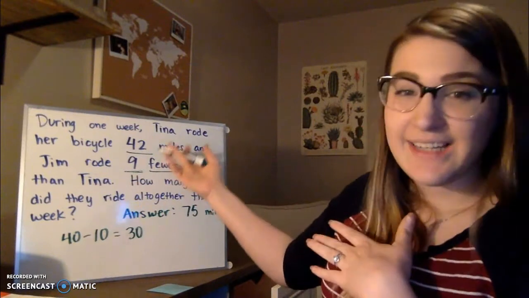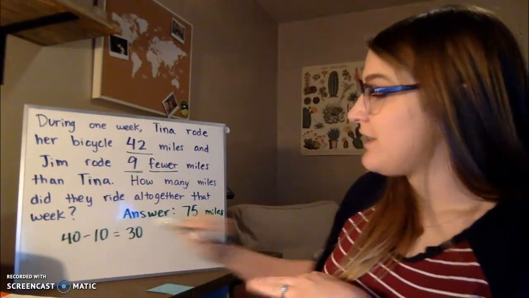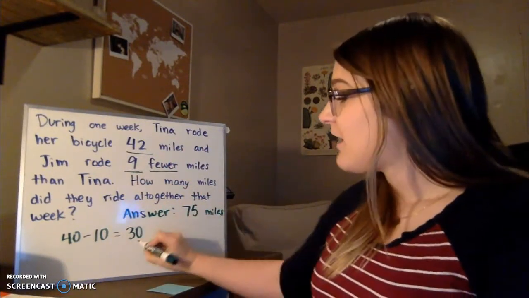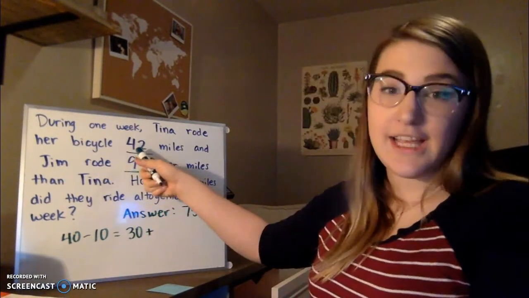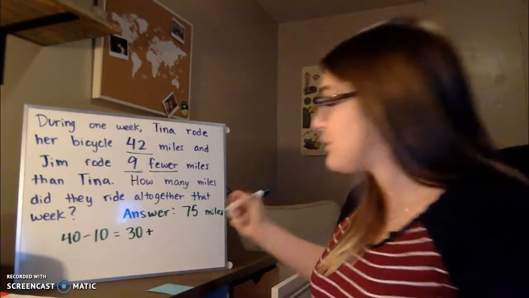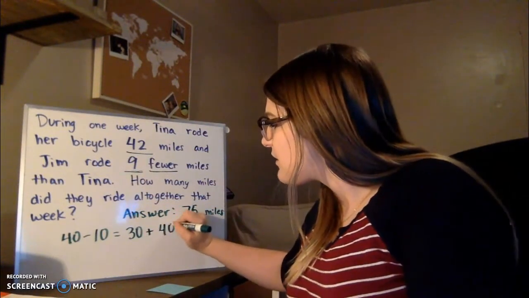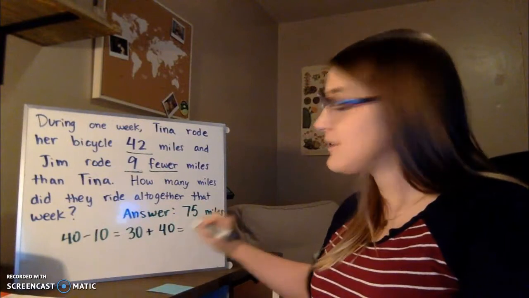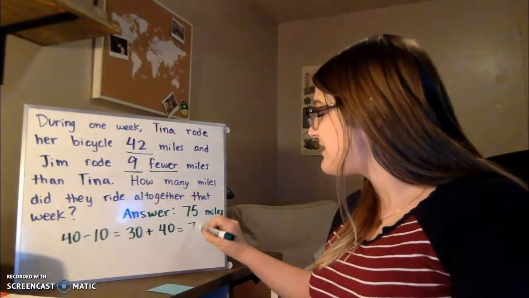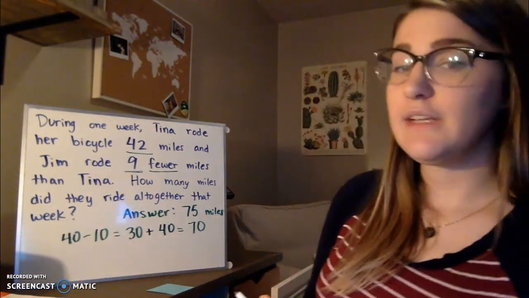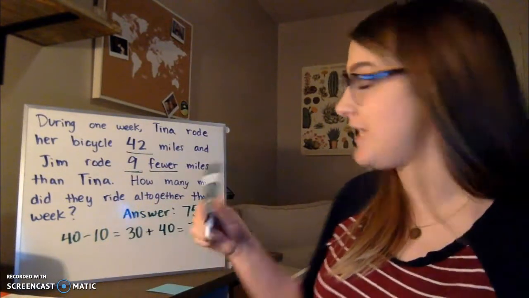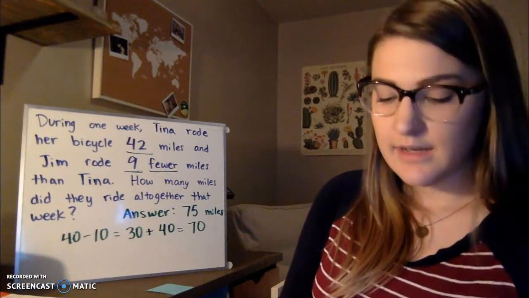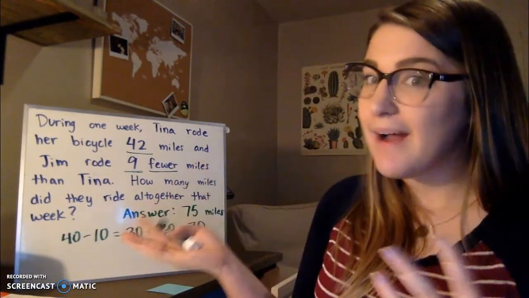Yeah, we need to add Tina's total number of miles to Jim's number of miles. So we're going to do 30 plus, again, we're going to round 42 down to 40. So 30 plus 40 equals what? 70. So with our own mental math and rounding strategies, we figured out that they rode all together about 70 miles, right?